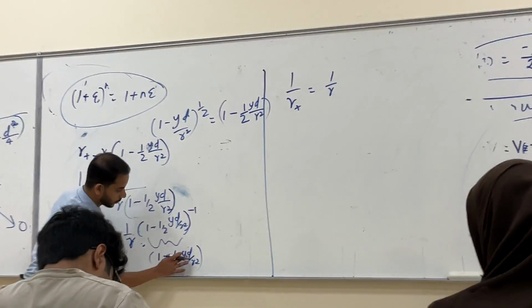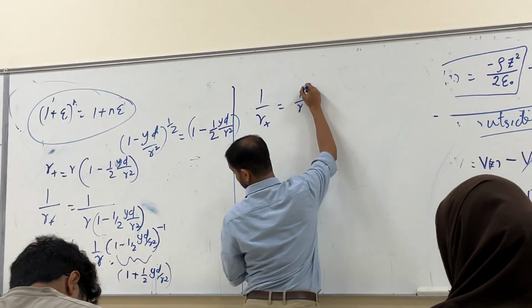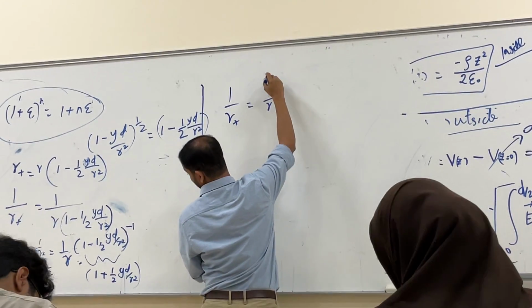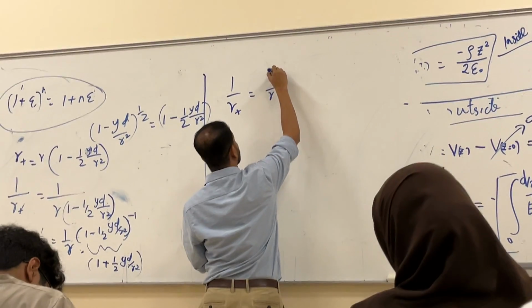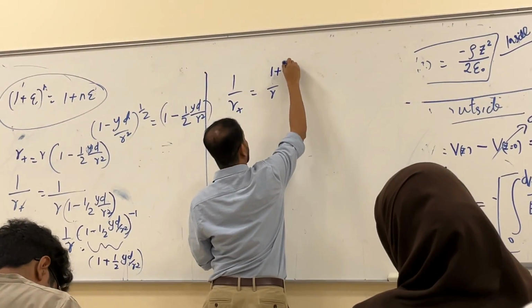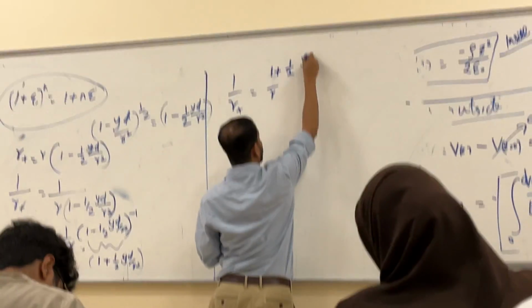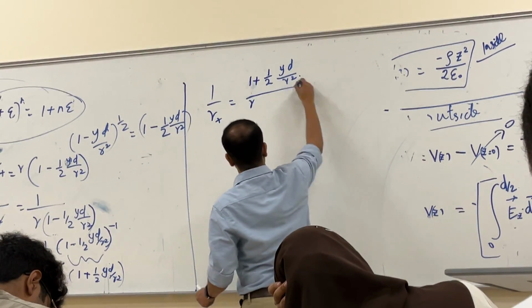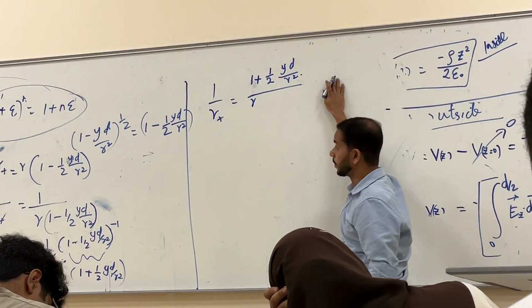So this is my 1 over r plus: 1 plus half yd over r square.